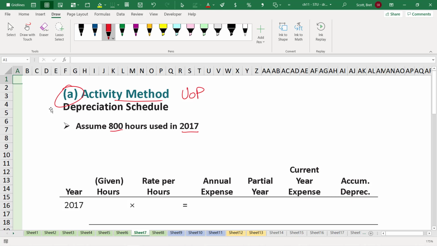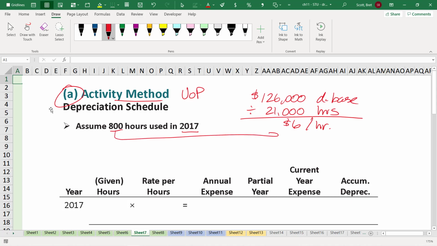So I know that if I take the 126,000, that's my depreciable base, and I divide it by the total production hours, I'm going to get a rate of $6 per production hour. If I consume the machine for 800 hours, simply multiply that by 800 hours.